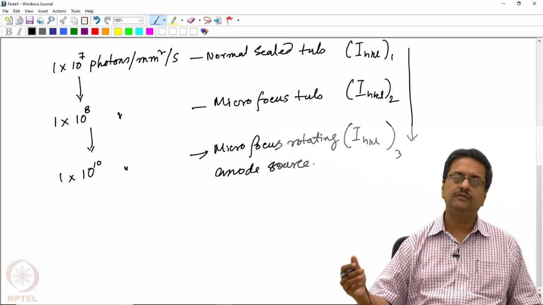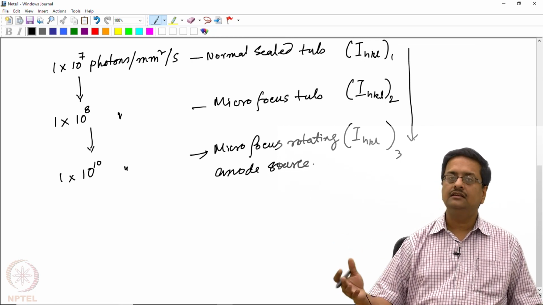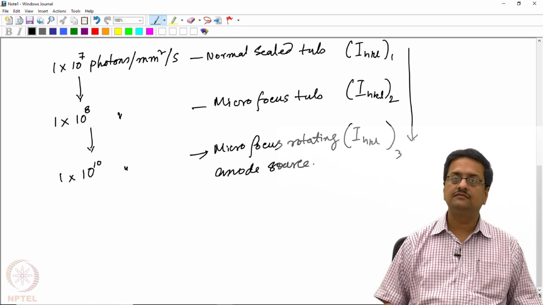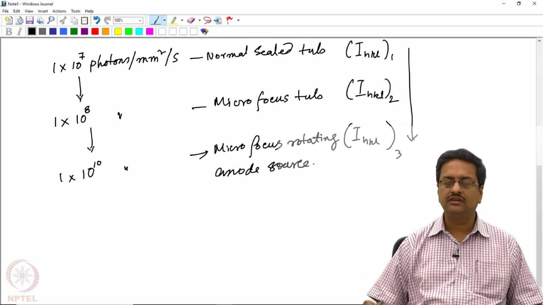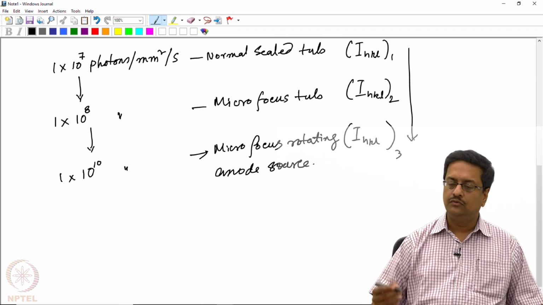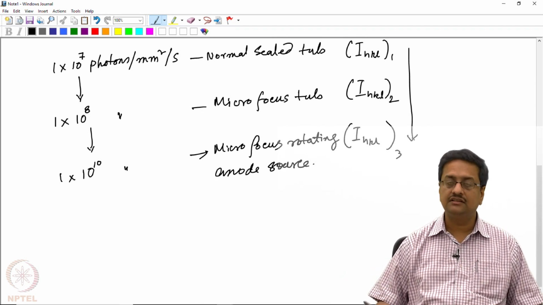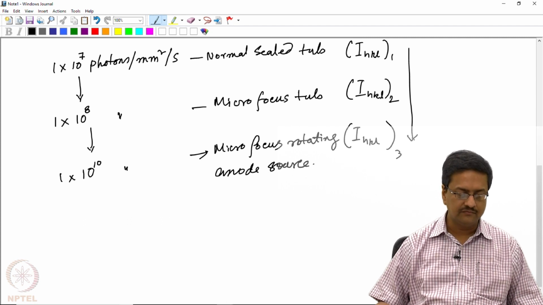So, you will have a problem in structure solution and you will not actually be able to solve the structure correctly. So, one has to then apply a suitable correction for beam intensity in this data reduction procedure.